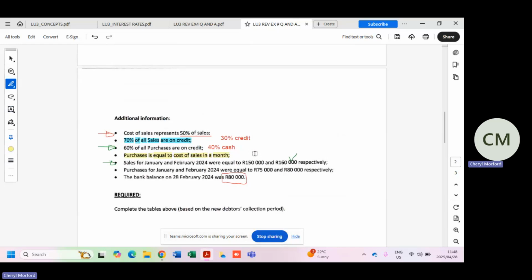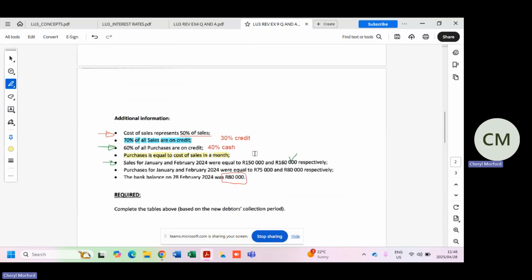So let's do first of all the cash. So how am I going to do this? For March, I'm needing to have purchases, which means I've got to find cost of sales. Cost of sales is half of sales. If you remember, the sales for March out of the question was 170,000.